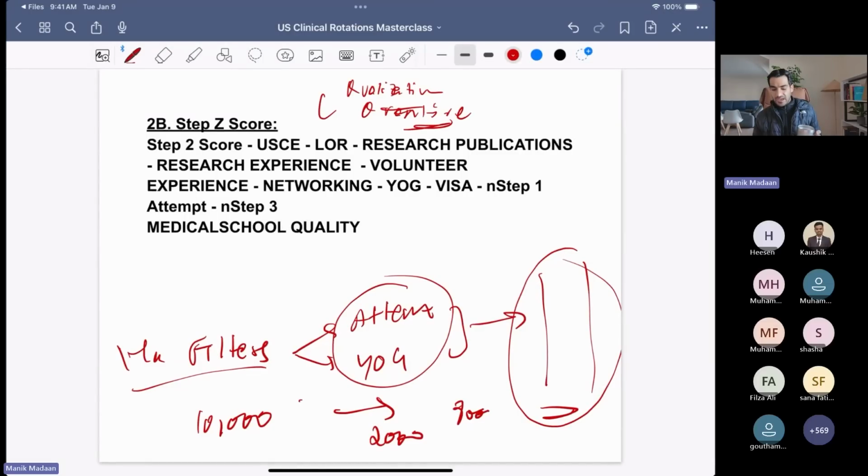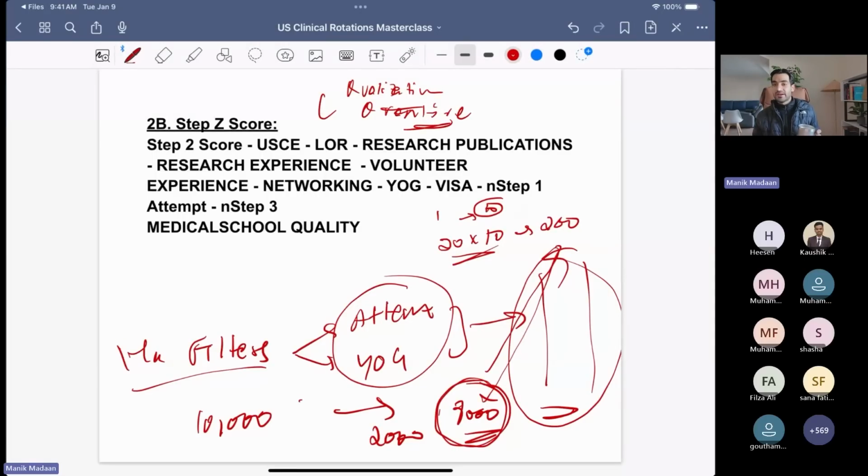Out of these 8,000 applicants, I'm not going to invite all 8,000, right? Let's say I have 20 residency spots, 20 into 10, which would be 200. So for each spot, it's about 10 applicants for each spot, so 200 out of 8,000. So who makes that cut out of those 8,000 people, right? Those 200 people who will be invited and the 10 who will be selected?